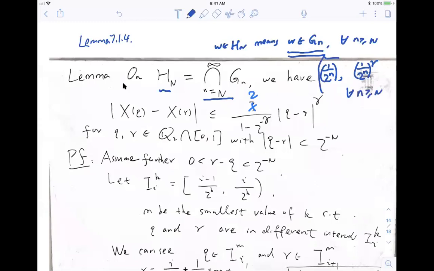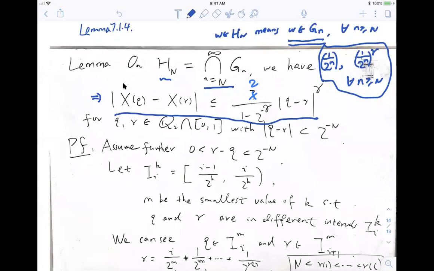As long as we have this, for any scale 1 over 2^n, the oscillation of the path in that scale is not larger than 1 over 2^n to the gamma. So we actually have the Holder regularity. That's the conclusion.